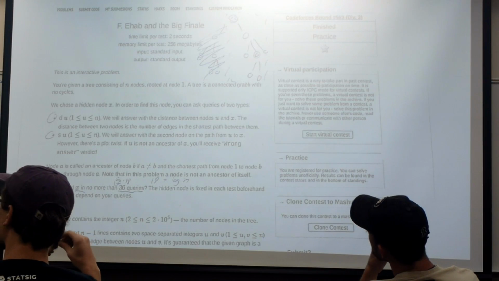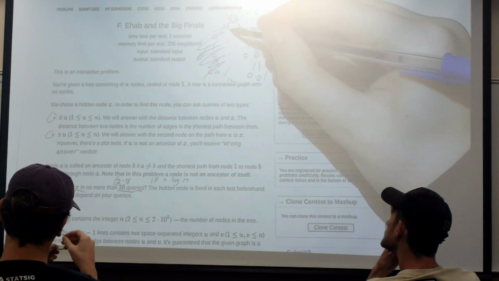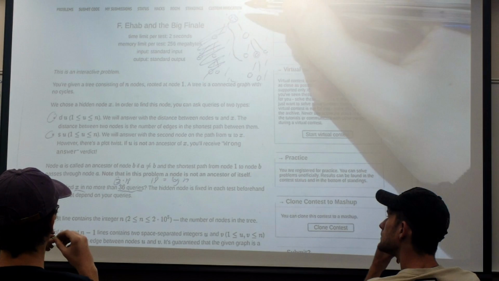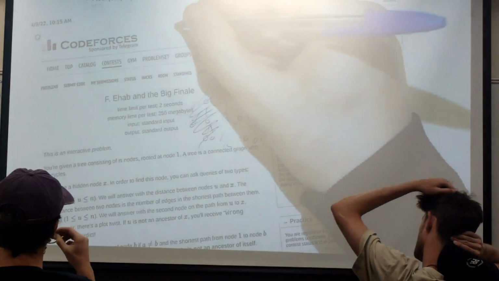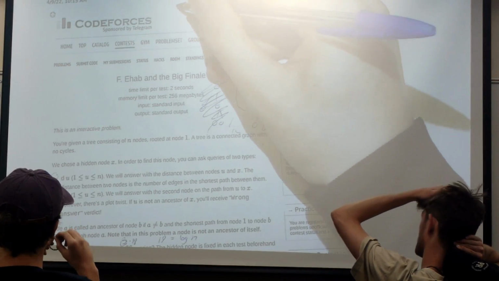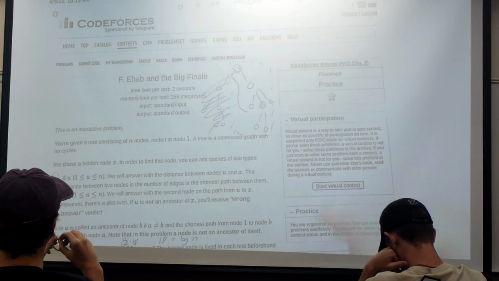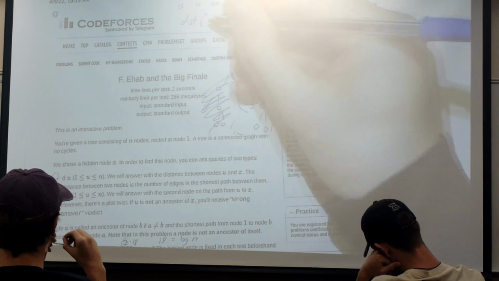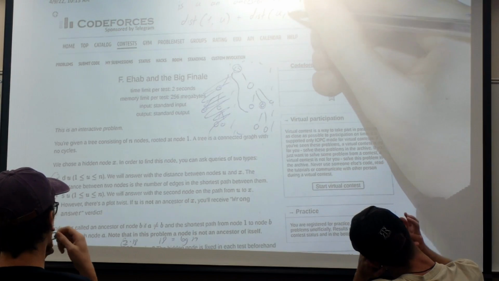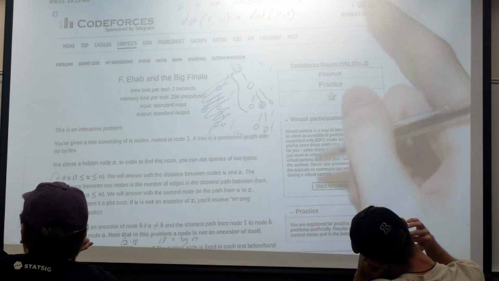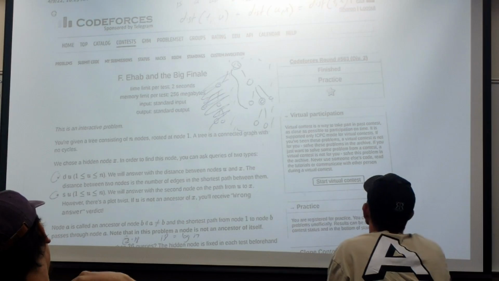What Zach said is that to check if U is an ancestor of X, the distance from root to U plus the distance from U to X should be equal to the distance from root to X. And if it's not, then it's not an ancestor.